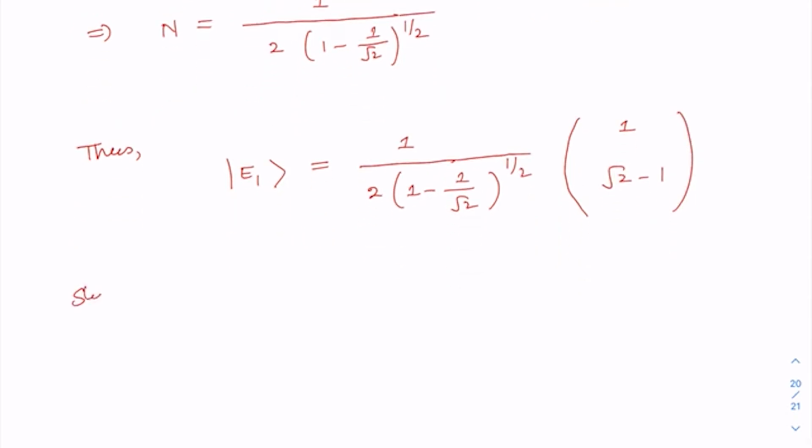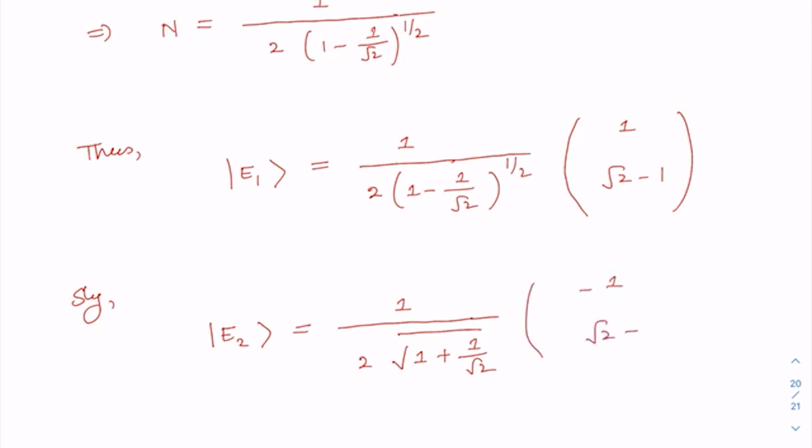Similarly, please verify it, you can show for the other one, that ket E2 would be equal to 1 divided by 2 times square root of (1 plus 1 by root 2), and you will have here (minus 1, root 2 plus 1). So that's the answer.